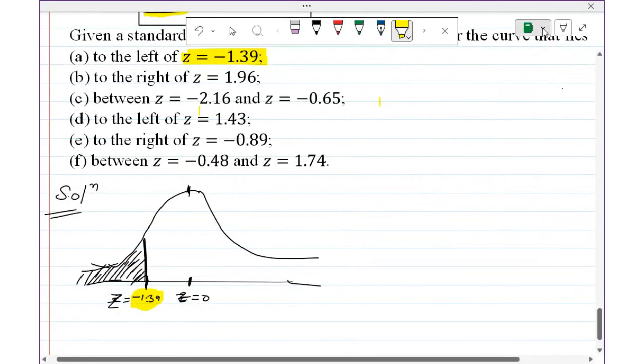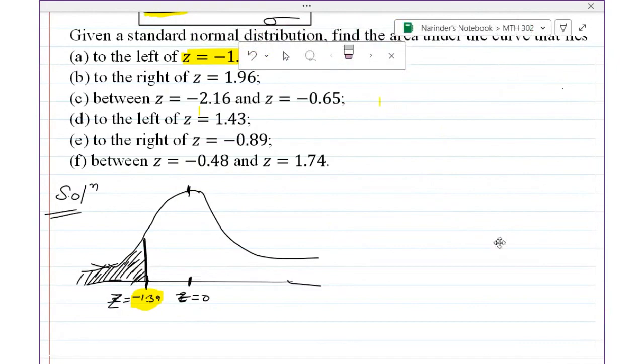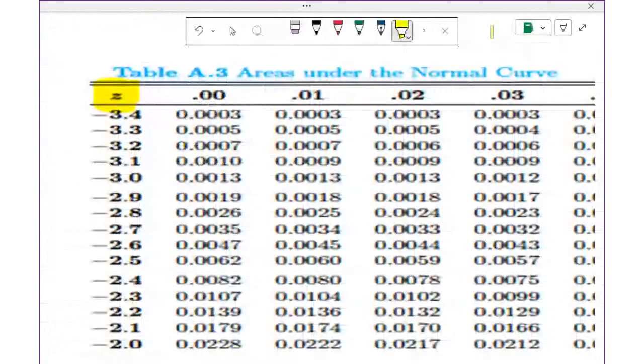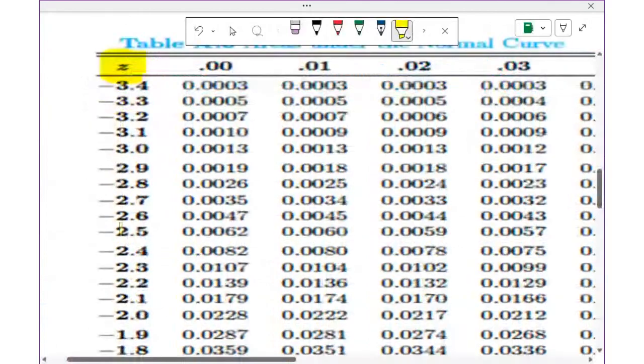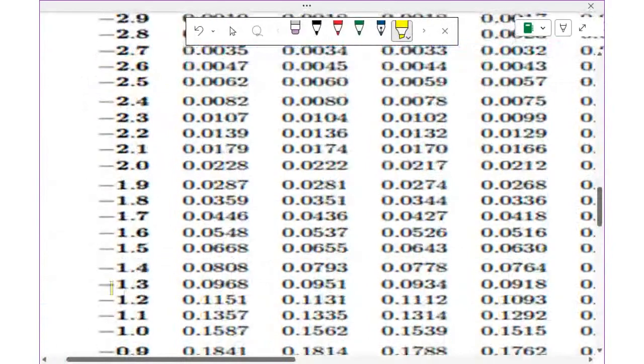So what we will do in the table, first of all, you will see minus 1.3. So this is minus 1.3. Now you have to see minus 1.39.